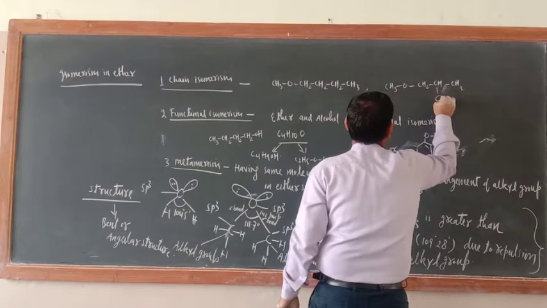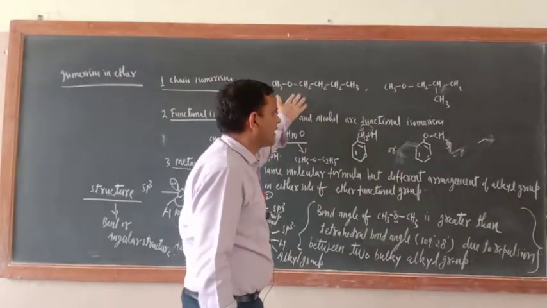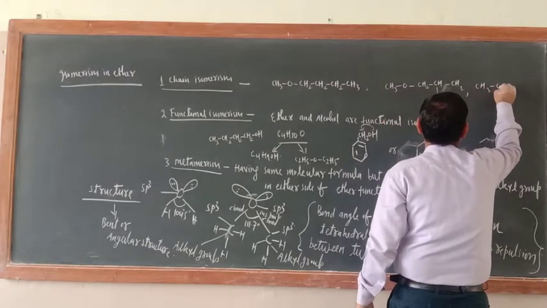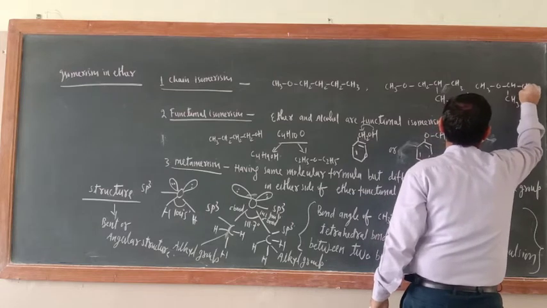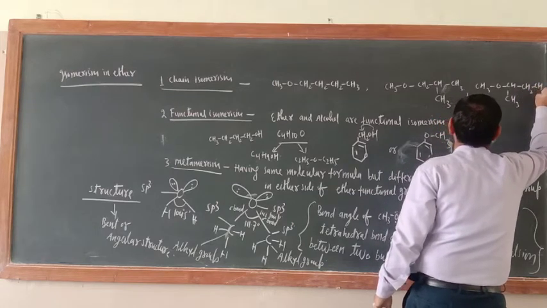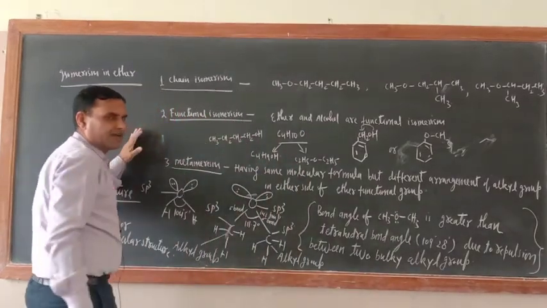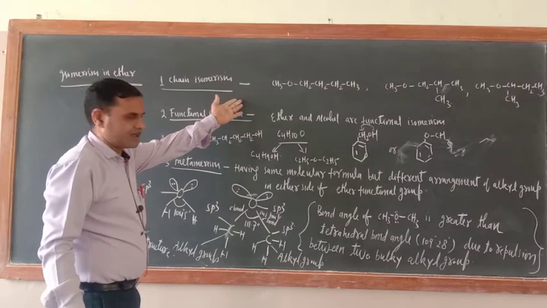Now we can write the CH3 group here. Just see, the molecular formula is the same only. We can write like that also, CH3O, CH3, CH2, CH3. So it has the same molecular formula but different arrangement of carbon in the chain. Just check in this compound.